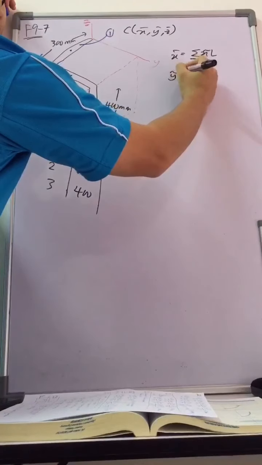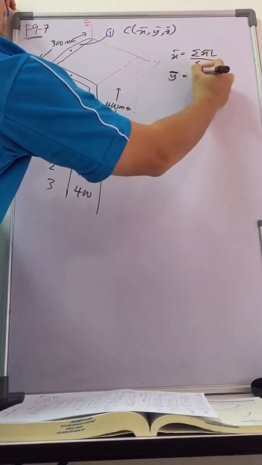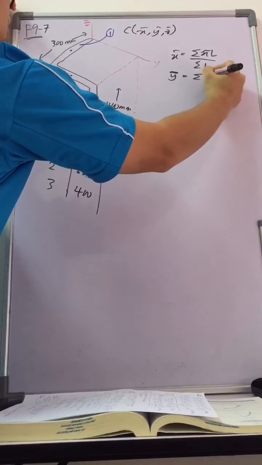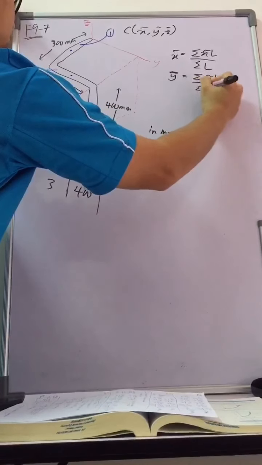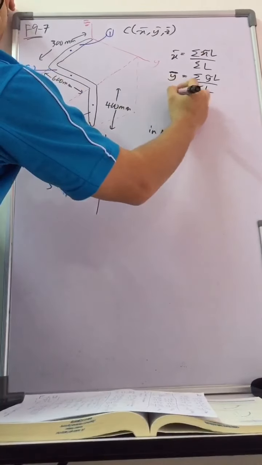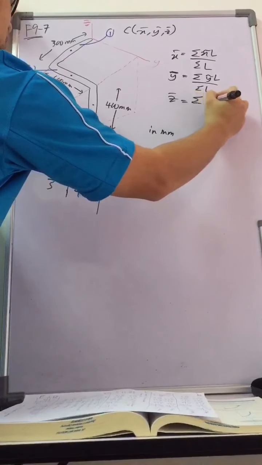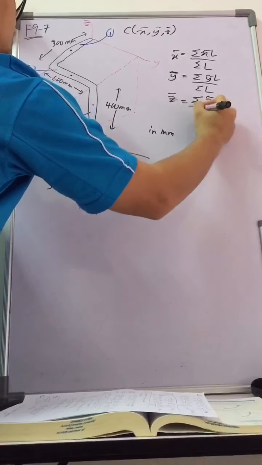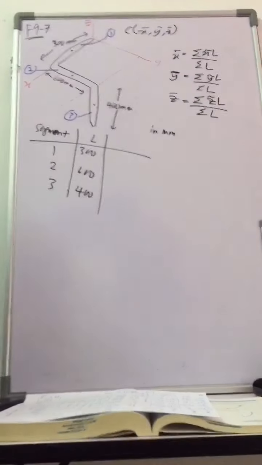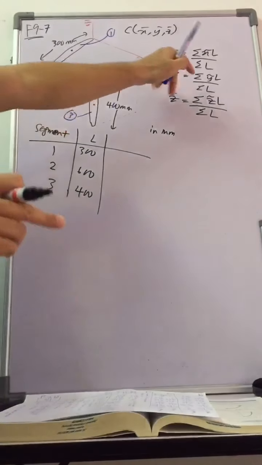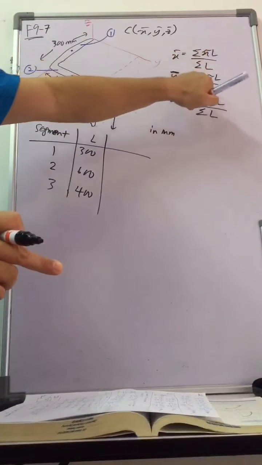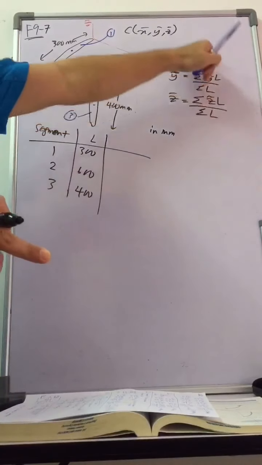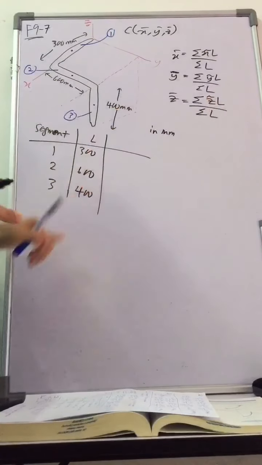Same goes to Y bar: the summation of Y tilde L over the summation of L, and Z bar equals the summation of Z tilde L over the summation of L. That's why we want to locate individually what is the X tilde, Y tilde, Z tilde, and what is the length.